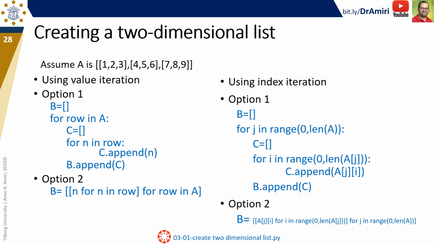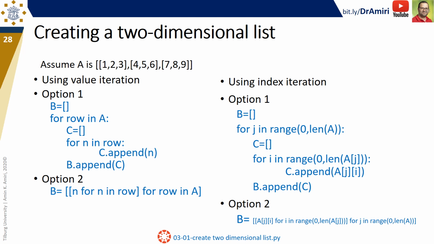Creating a two-dimensional list using another list can be a little bit more complex. Again, we have 4 options to do that. The first two options can be categorized under value iteration, and the other two options can be categorized under index iteration.